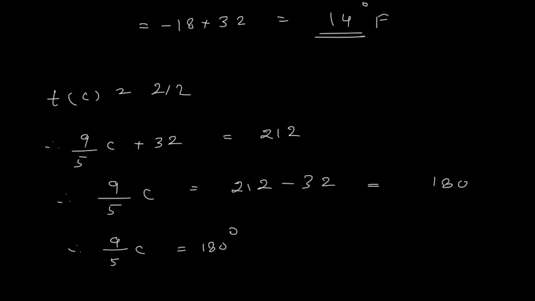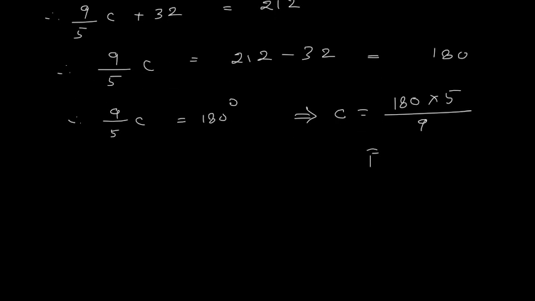This implies C equals 180 into 5 upon 9. 9 twos are 18, so this is 20 into 5, and 20 into 5 is 100. So that means C is 100 degrees Celsius.